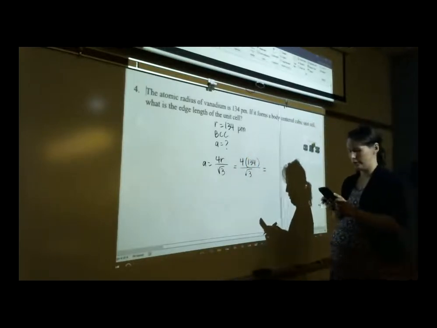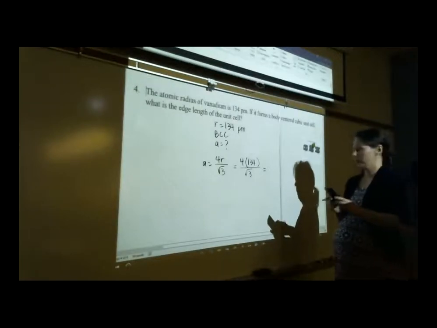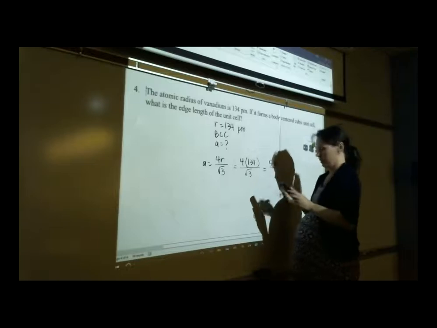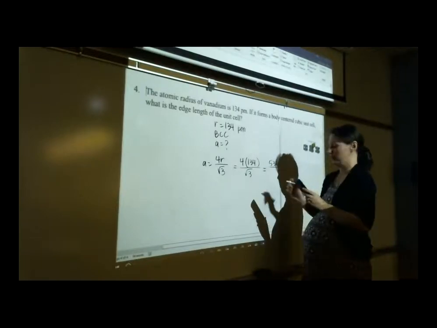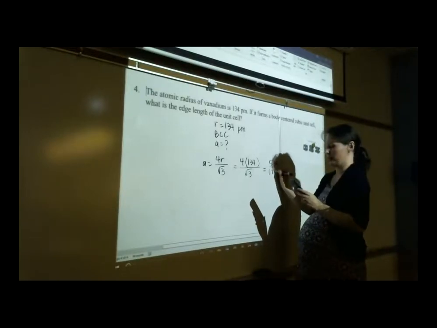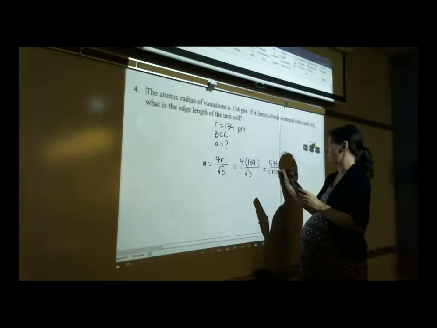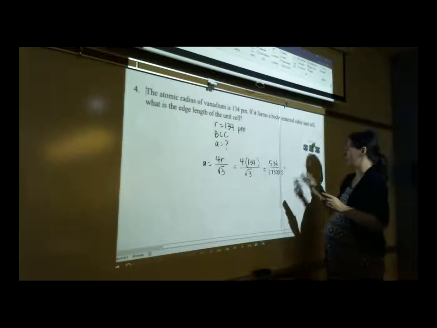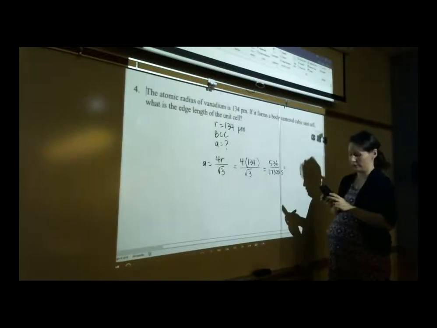So 4 times 134 is 536. And square root of 3, 1.73205. Number of decimal places you carry out will factor into your sig figs, right?